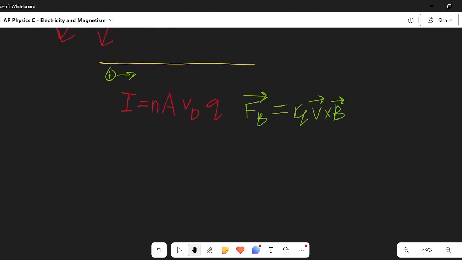Let's find the net magnetic force acting on all charges moving in the wire in this B field. The charge carrier density, n, is the number of charges divided by volume V, so nV equals nAL.